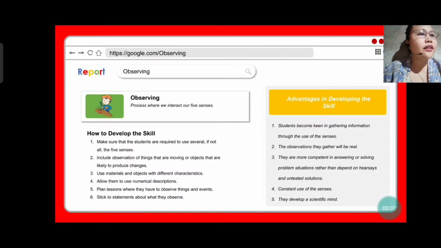So, we'll now tackle more about the science processes. First, the basic process, which is observing. As we have known in the earlier slides, observing is a process where we interact with our five senses. I remember when I was in grade 3, our topic was about leaves.